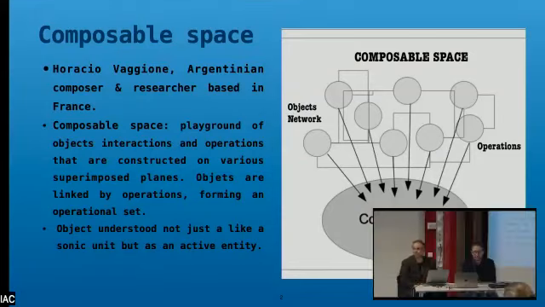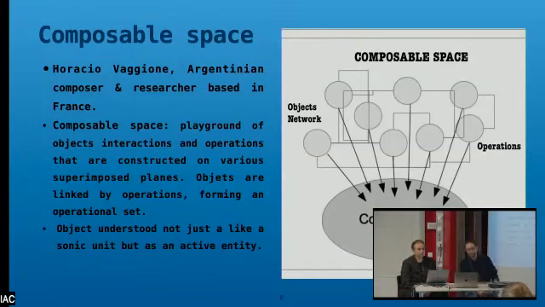Composable space is understood as a playground of objects, interactions, and operations that are constructed on various superimposed planes, as you see in this graphic. So you have two very important words in this theory, which are objects, network, and operations that form an operational set.